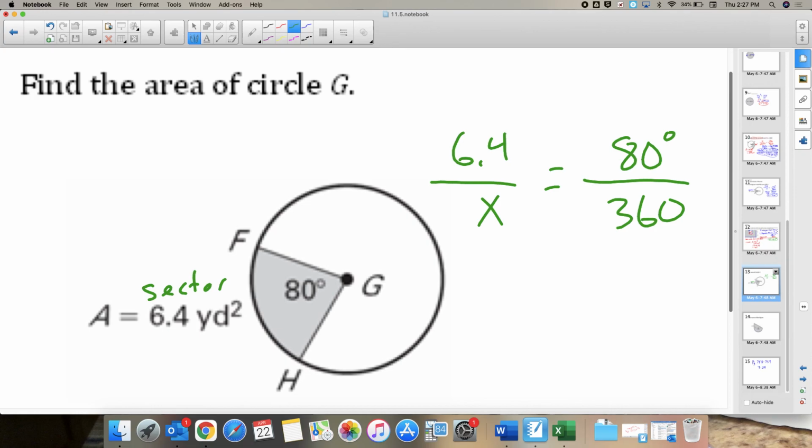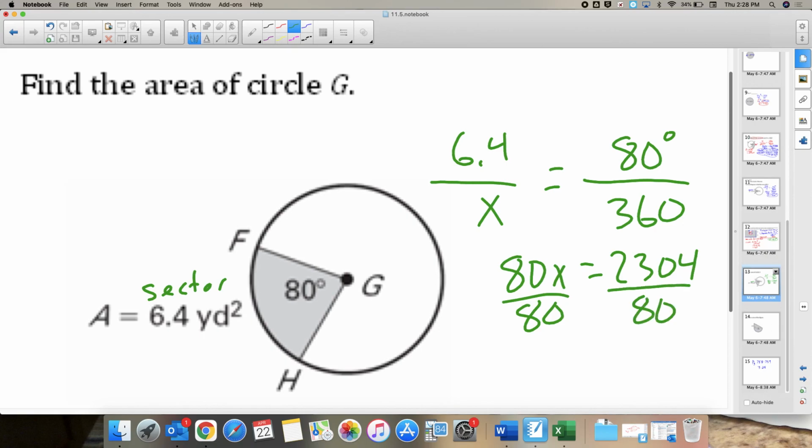Cross multiply, 80 times x is 80x. 6.4 times 360 gives me 2,304. So then we'll divide both sides by 80. And we get x to equal 28.8. Looking at our units, we're looking at yards squared.